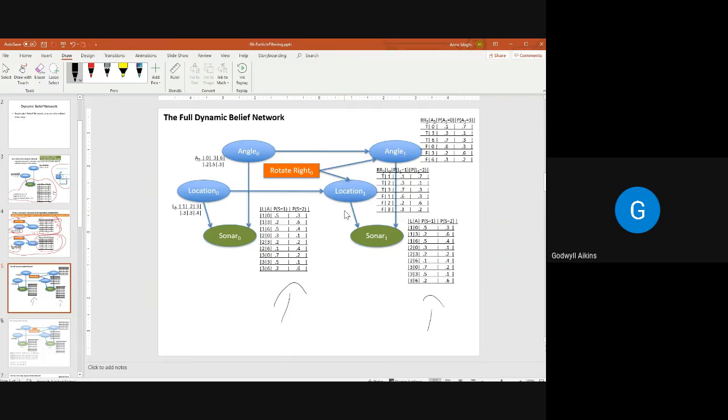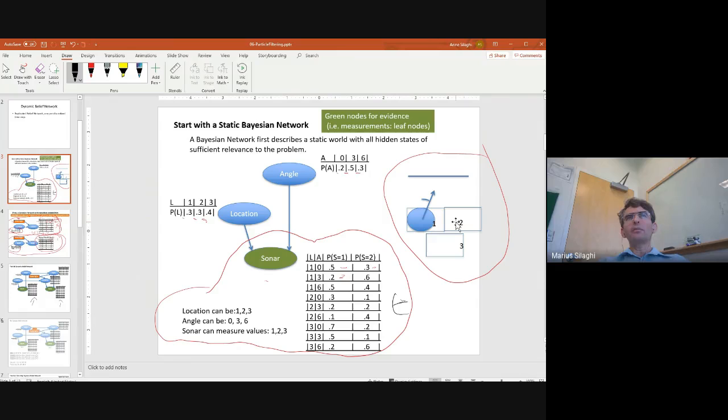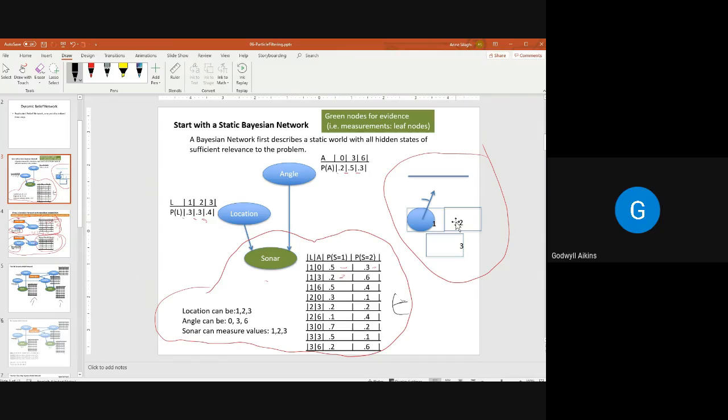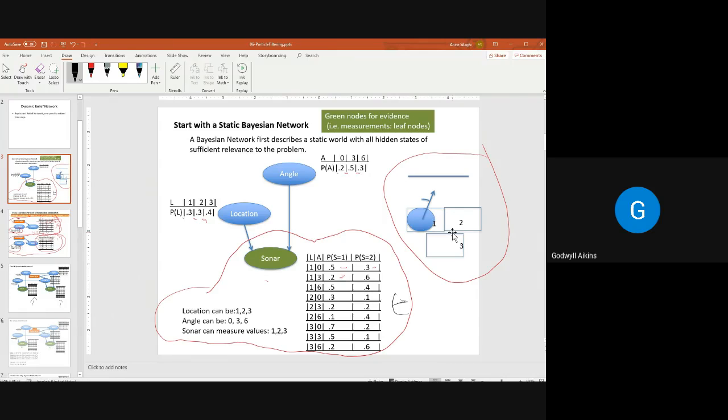Yeah, and let's say I rotate right. I have my CPT, so I can calculate which location I am in. You don't calculate where you are, but you calculate the probability distribution of where you could be after that action. Yeah, and then I take another action. If I'm sampling data, does that mean I take the data from where I was initially?